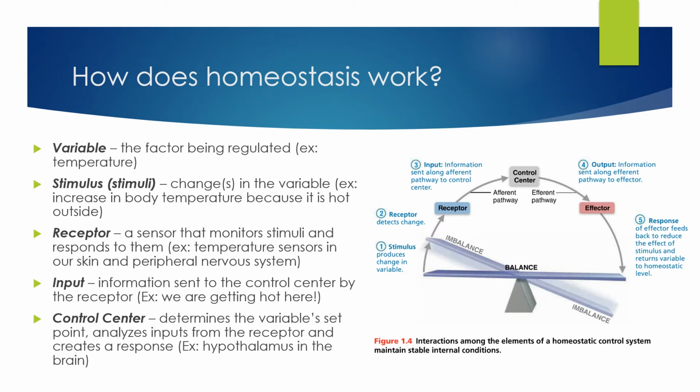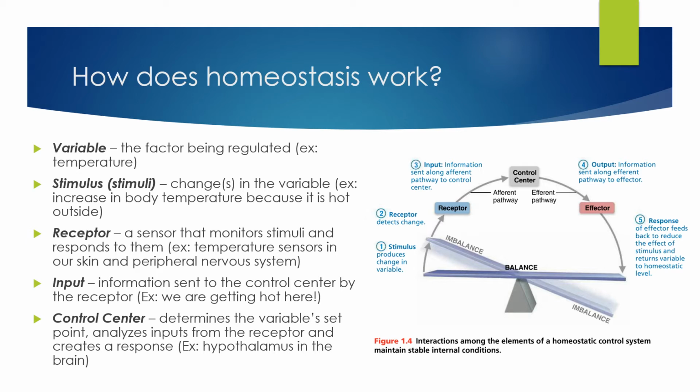There's always going to be a stimulus. This is going to be some kind of change in the variable, either internally inside your body or externally. For example, with temperature, there might be an internal stimulus of a virus that I need to kill, so I'm going to stop homeostasis and increase my body temperature. Or it could be I'm exercising and my body temperature increases.